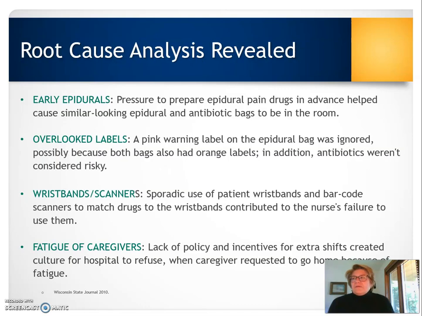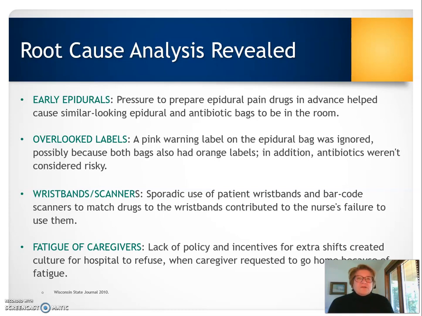When the root cause analysis was looked at, they found that there was pressure to prepare the epidural bags in advance because the barcoding system didn't work. There were overlooked labels. Again, if you look at how your mind works, stickers can easily be ignored.